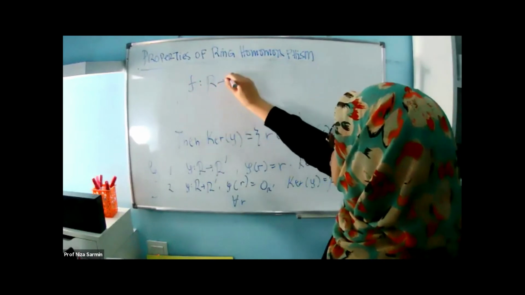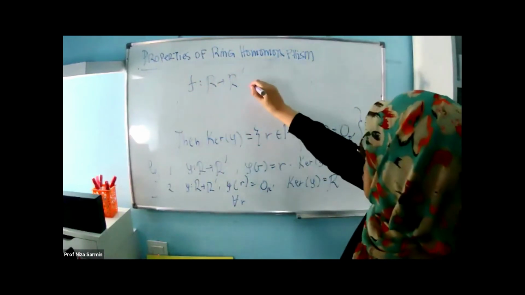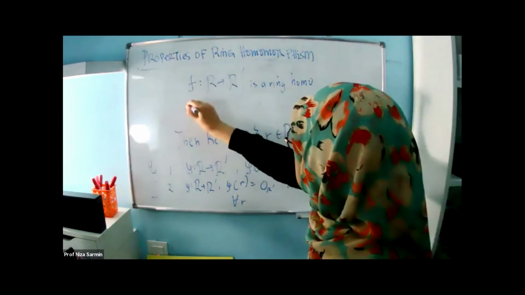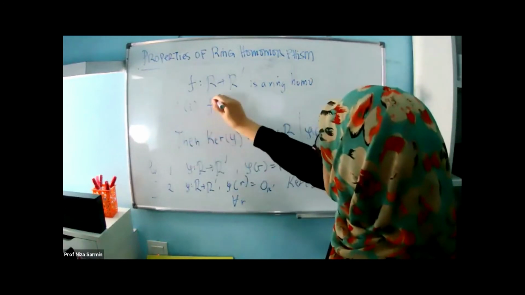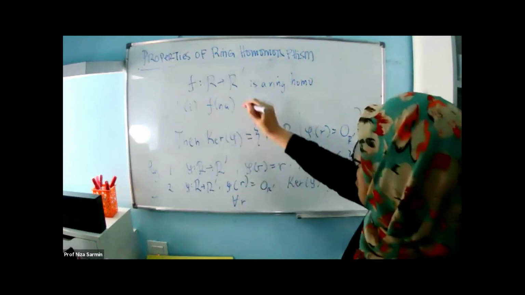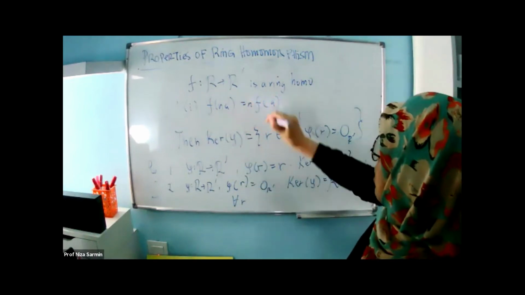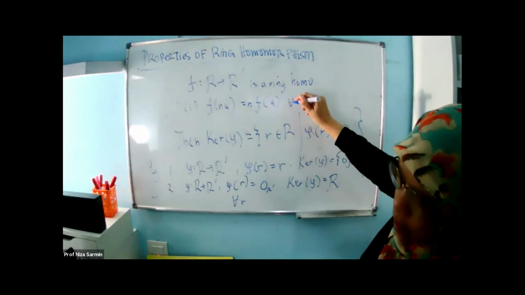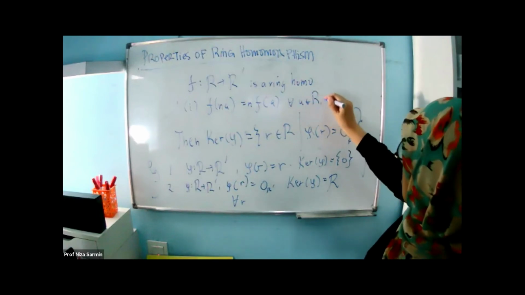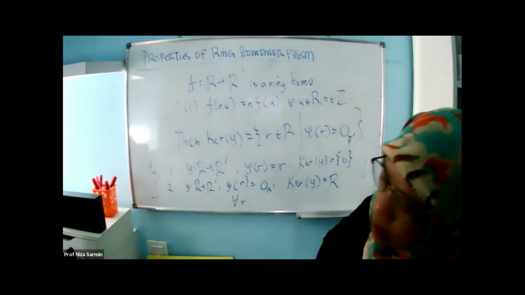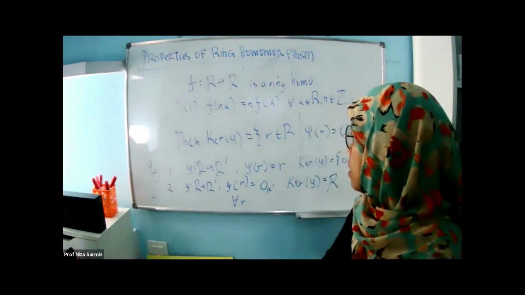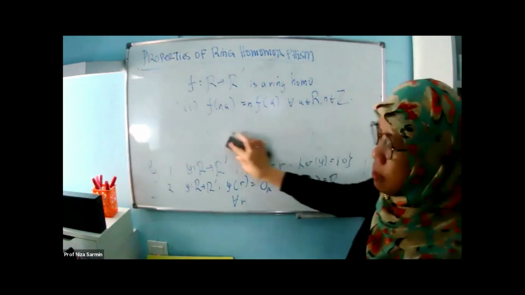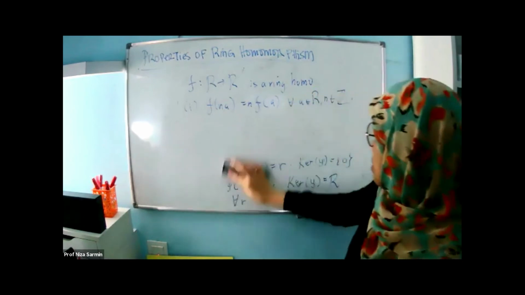If f from R to R prime is a ring homomorphism, then we have f of nA is equal to n times f of A, where A is in R and n is in Z. Normally we talk about the positive, but for the negative one, they are just the additive inverse.